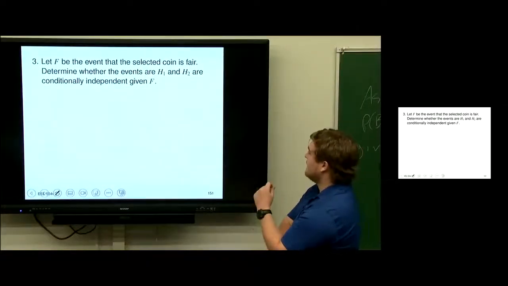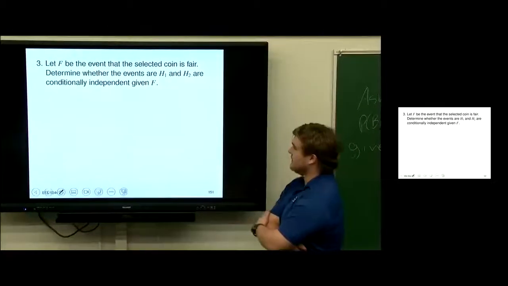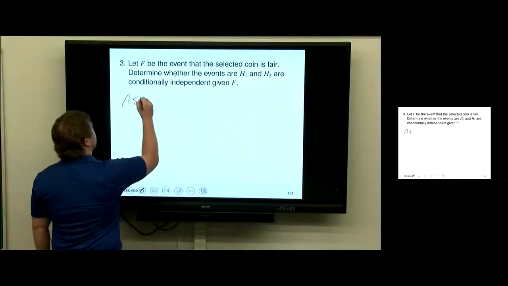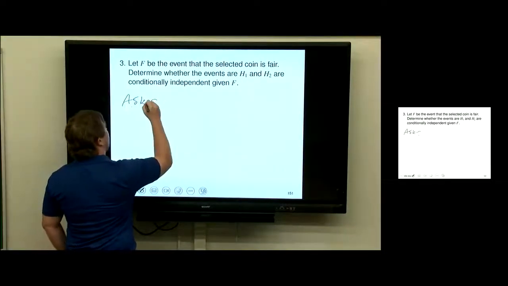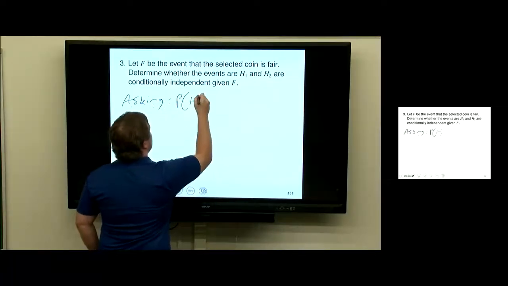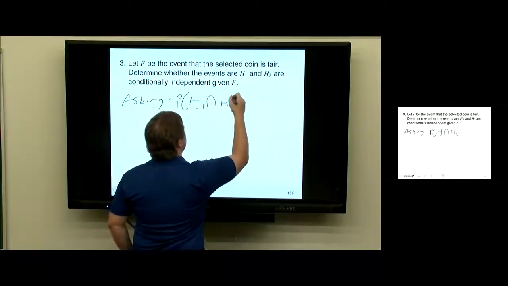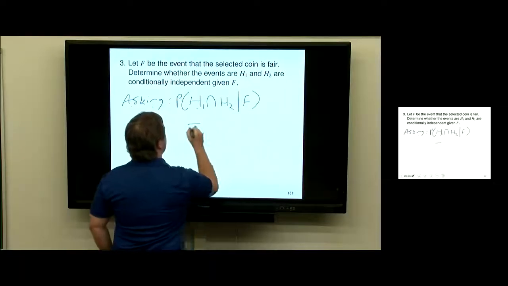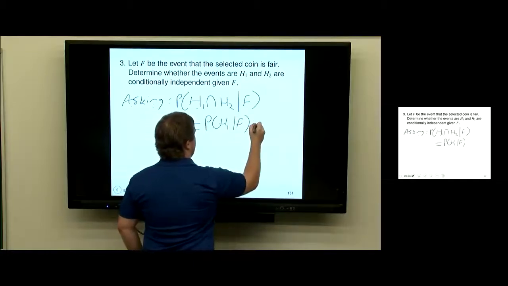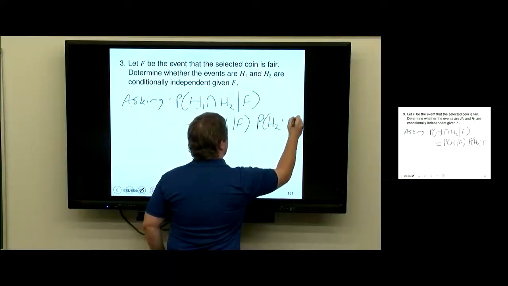So one more for this thought experiment. Let F be the event that the selected coin is fair. Determine whether the events H1 and H2 are conditionally independent given F. We're asking, is the probability of H1 intersect H2 given F equal to the probability of H1 given F times the probability of H2 given F?